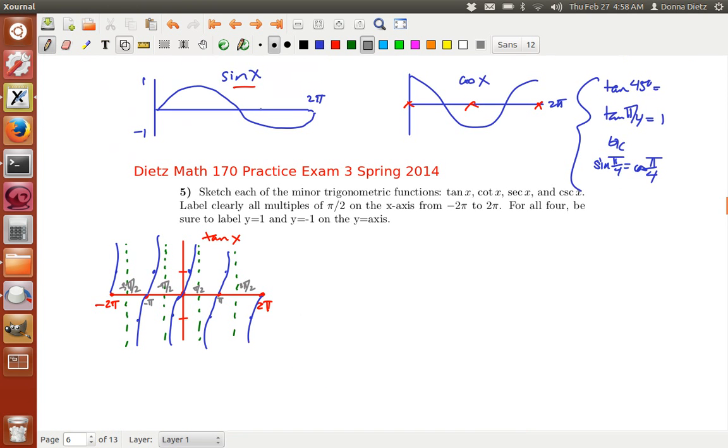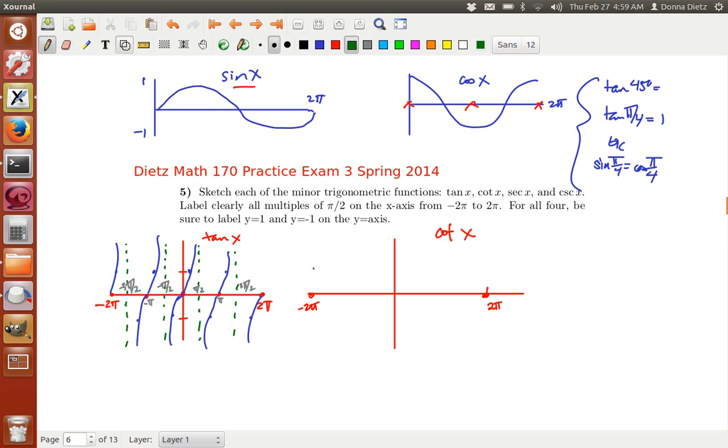Okay, let's do the same thing now for cotangent. So cotangent is going to share zeros with cosine. So if this is 2 pi, this is minus 2 pi, then what we have is actually asymptotes there.